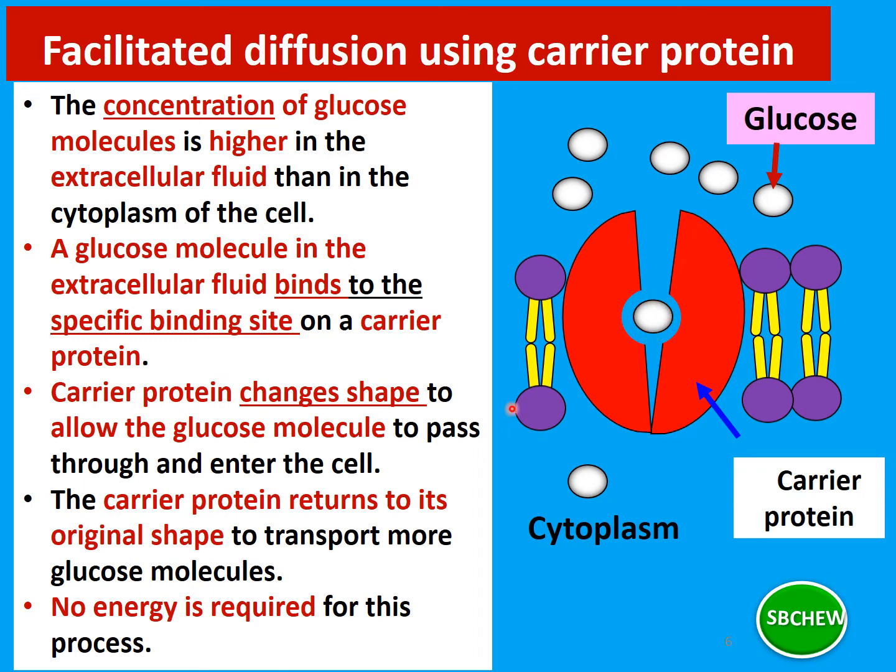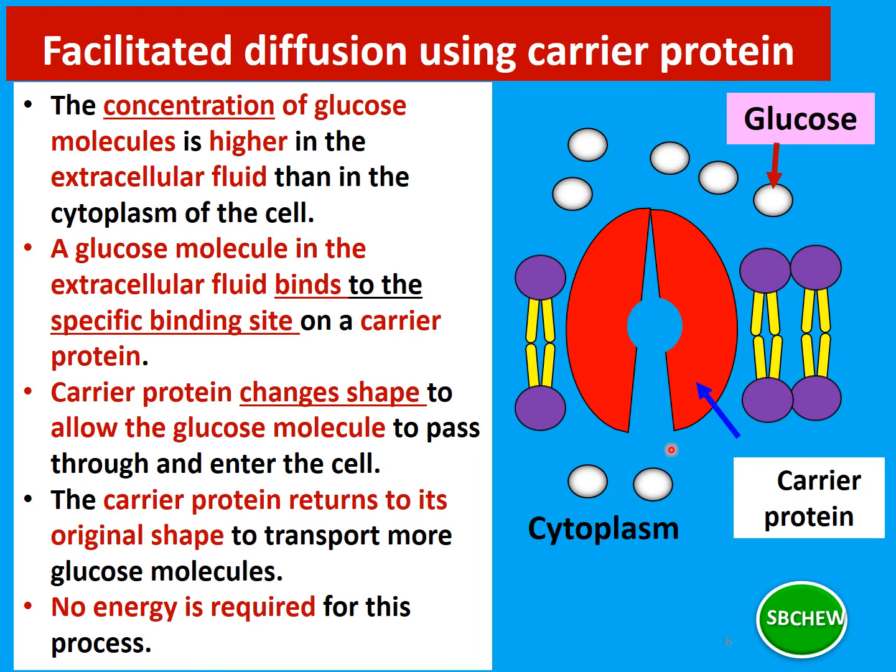And the third step, the carrier protein will change shape. This is to allow the glucose molecule to pass through, like this, so it passes from outside the cell into the cell. The carrier protein changes shape to allow the glucose molecule to pass through, very important, and enter the cell.